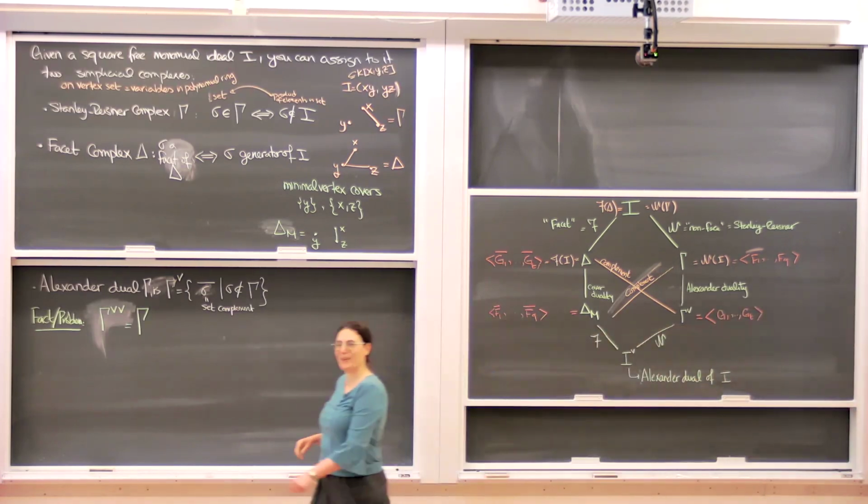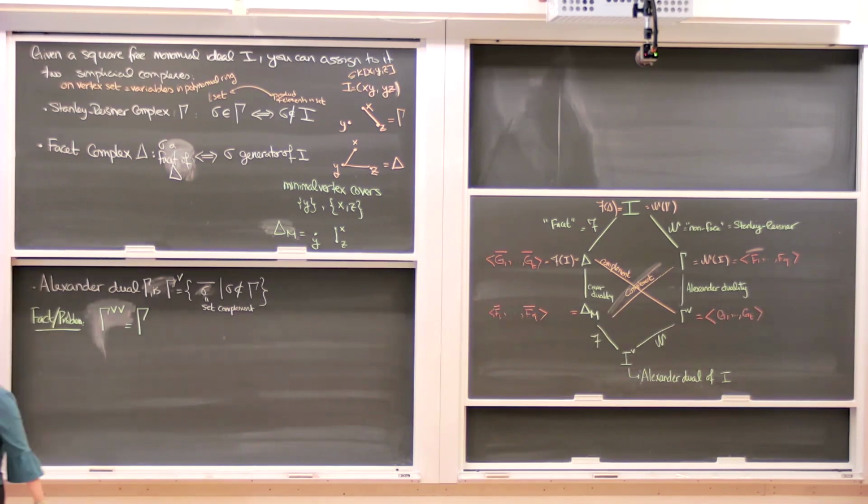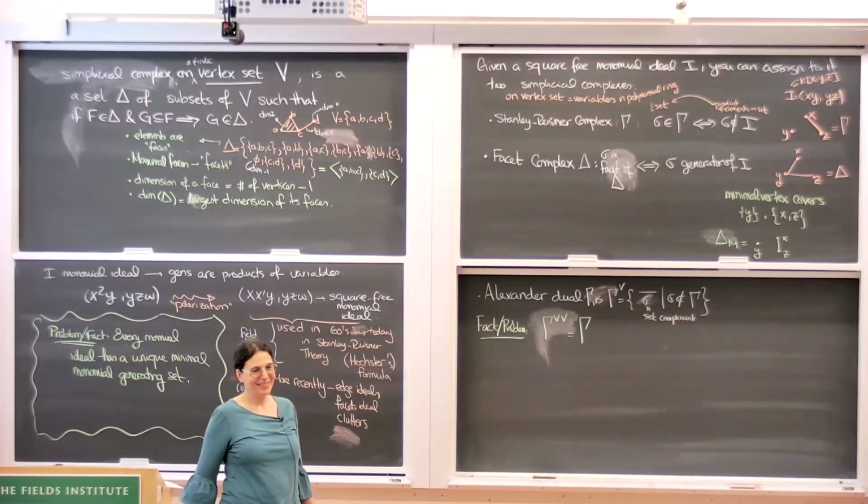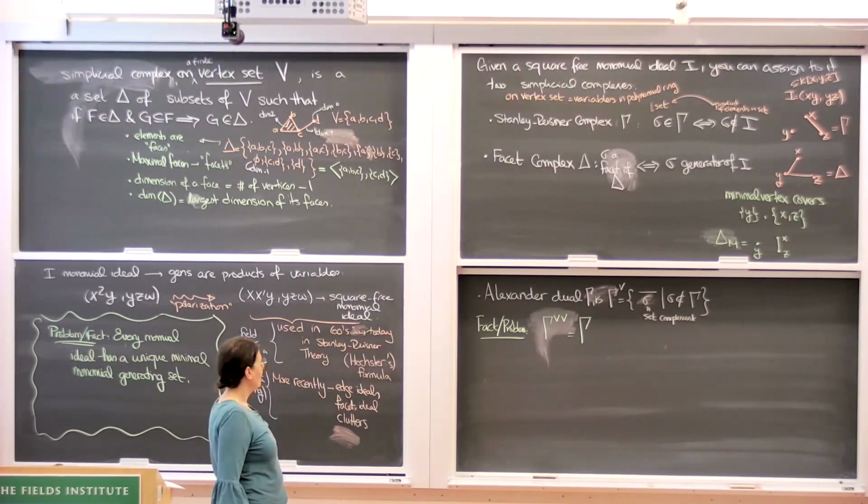I probably defined it wrong, so let's check. If I take the complement of a facet, then I'm taking the minimal prime, I take the product of those generators. So that sounds like I want sigma in delta, and I take its set complement. No, I think you wanted not in delta. I remember it has two knots. Okay, thanks. This is the challenge of the problem session.